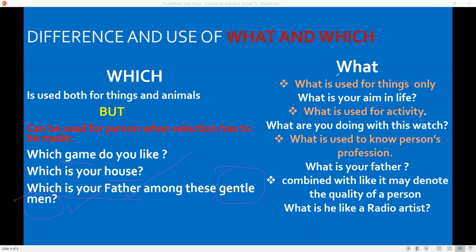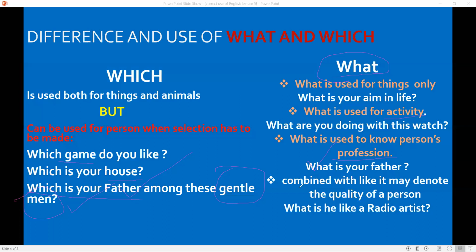What is used for only things. What is your aim in life? What is used for activities. Something you are doing and someone asks you a question, what are you doing? Like, what are you doing with this watch? What is also used to know a person's profession. What is your father? It means what profession, he is questioning about the profession of his father.